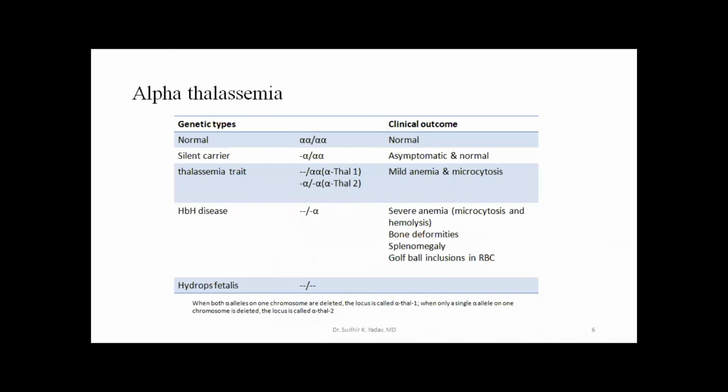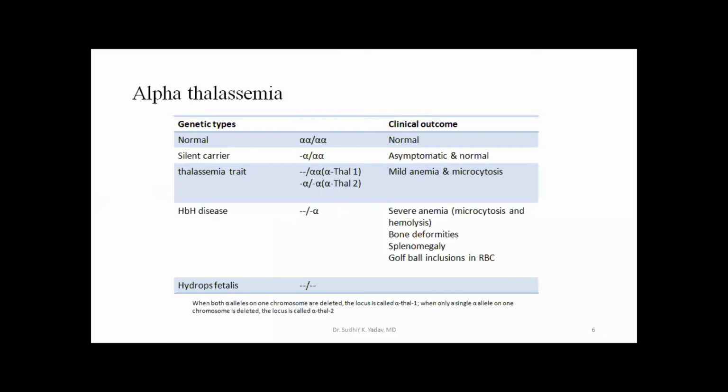So let us discuss the spectrum of alpha thalassemia. There are four genes, and alpha genes are on chromosome number 16. Normally there are four alpha genes, and the individual is quite normal.